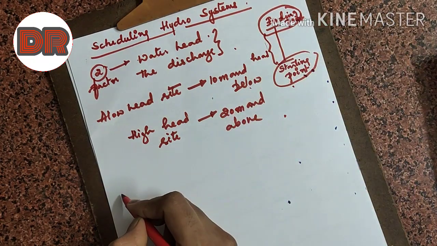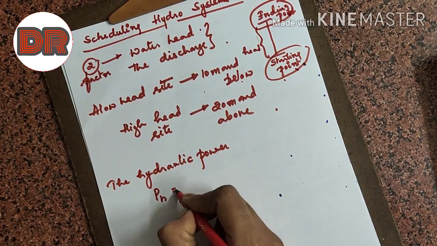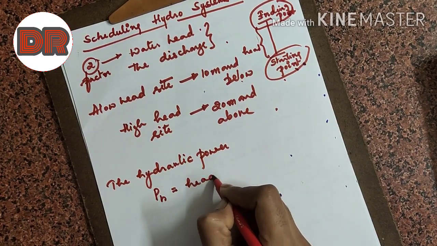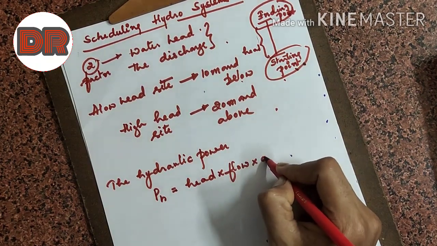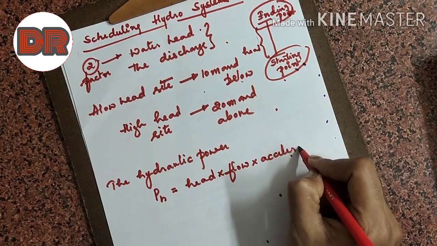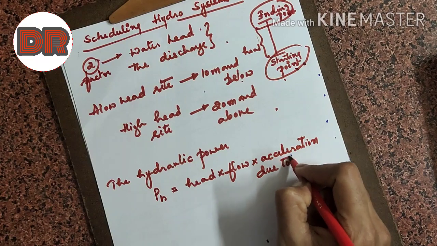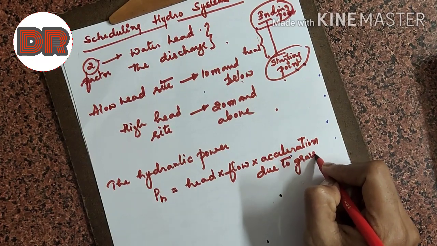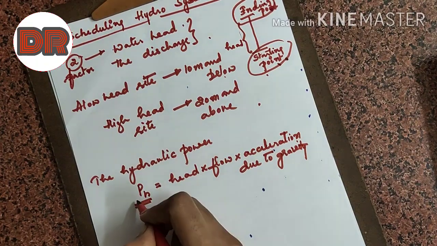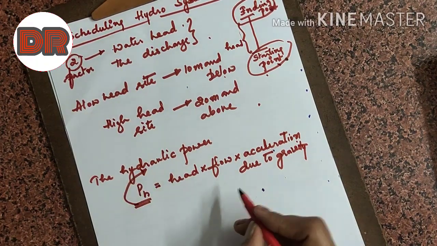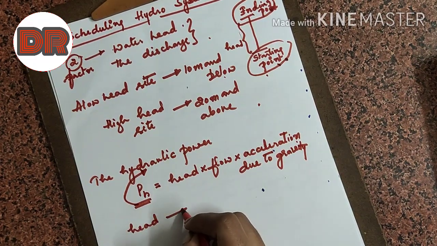So, the hydraulic power can be given by PH, which is equal to head into flow into acceleration due to gravity. This is hydraulic power, and head is in meters, a vertical distance.